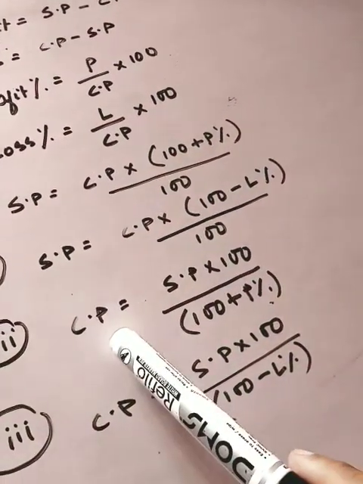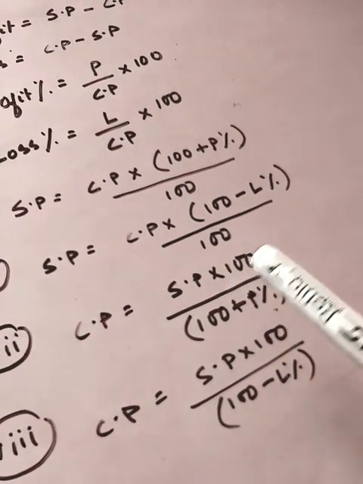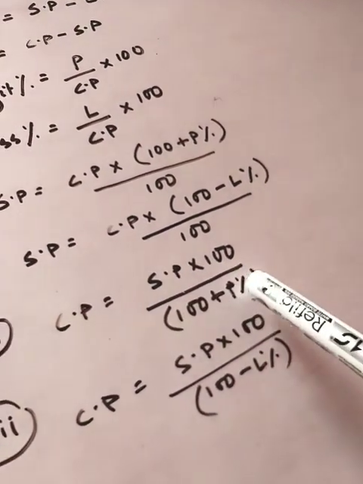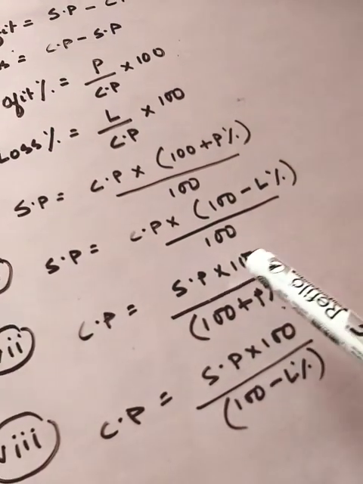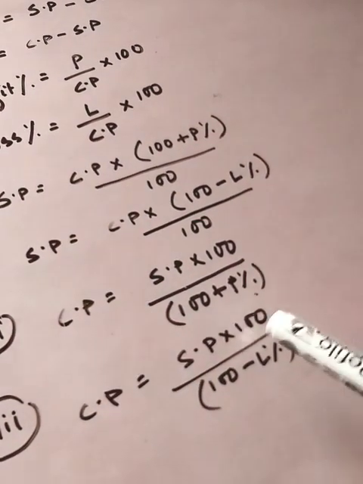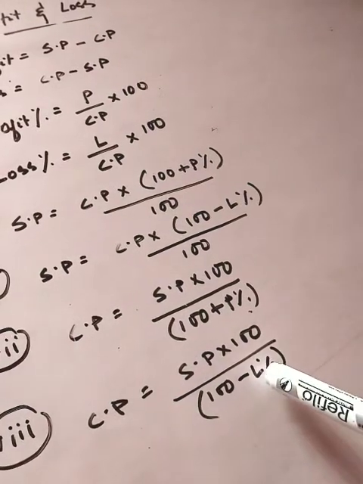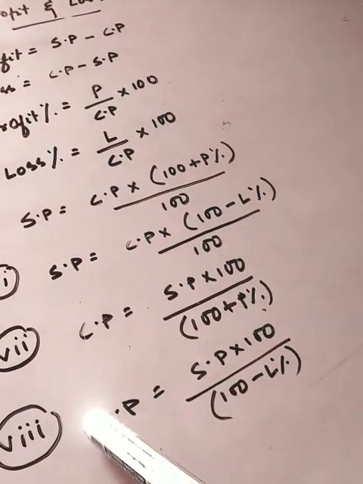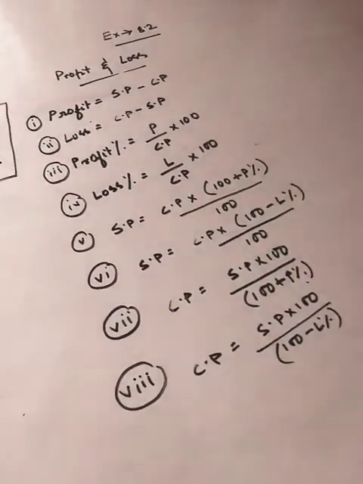Again, when selling price and profit percent are given and they have asked at what price it was bought, or what is the cost price, then we have to apply this formula. Similarly, when SP and loss percent are given and you have to find out cost price, then you have to apply this formula. Now let's begin with question number 3.